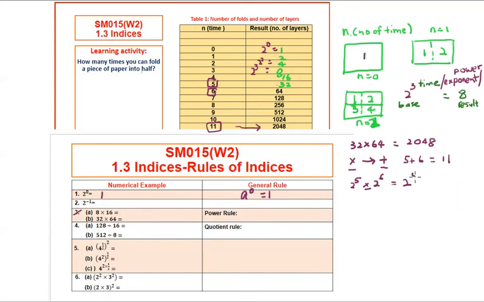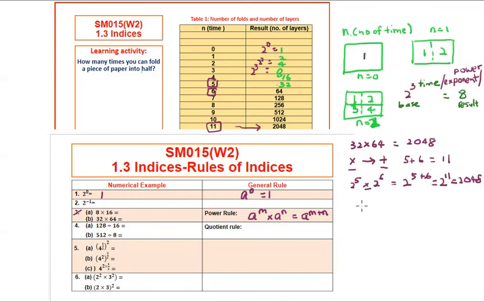So it's 2 raised to power 5 plus 6, which is equal to 2 raised to power 11, which is equal to 2048. So from here we obtain the power rule. That is, a raised to power m times a raised to power n is equal to a raised to power m plus n.